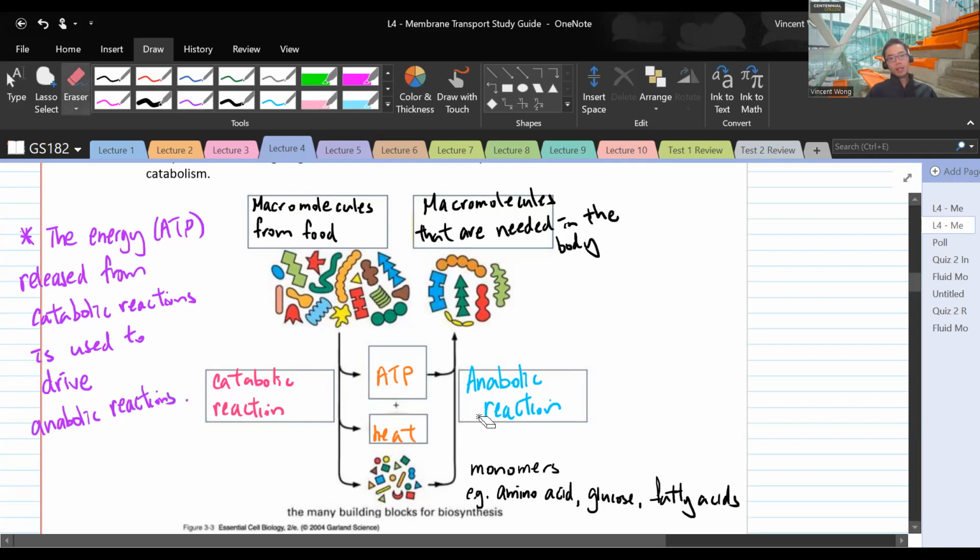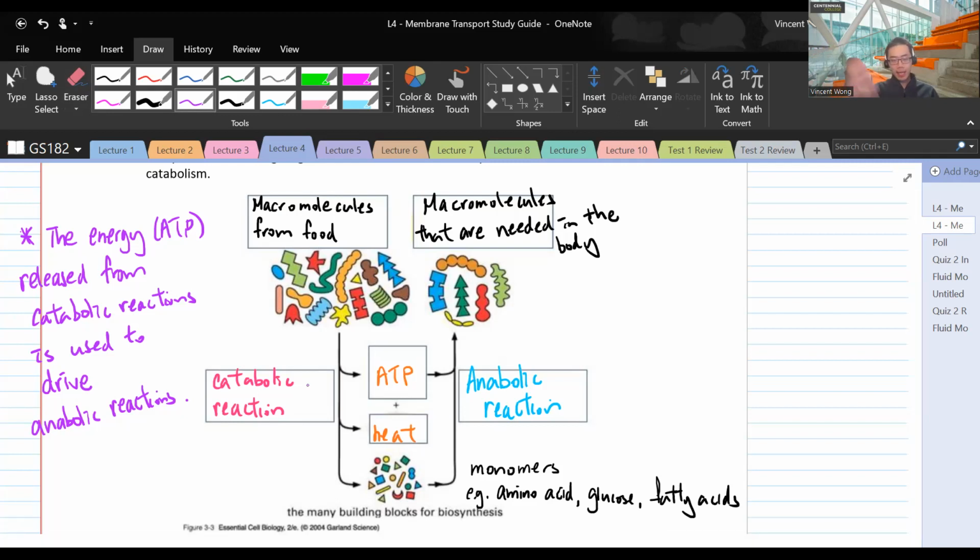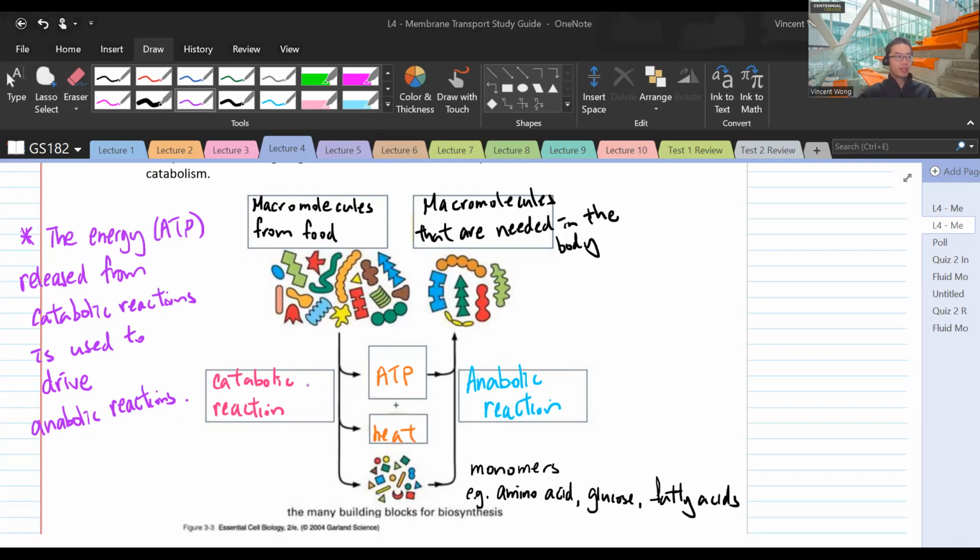Okay. This requires energy, and that energy is supplied by the catabolic reactions, which kind of makes sense, right? We have to continuously eat in order to survive, to live, right? And that's because it creates these ATPs that would supply our body for all the necessary reactions that keep us alive. Okay.